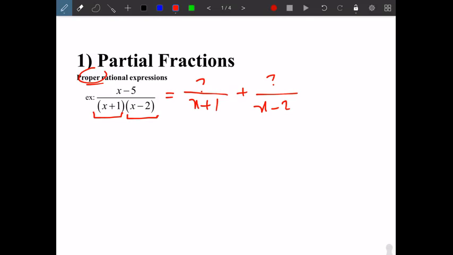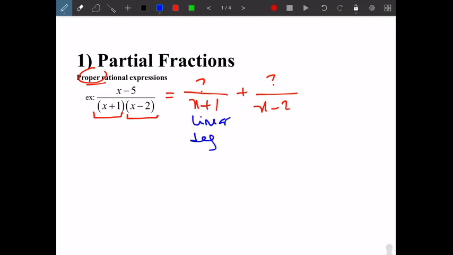So logically, since the original rational expression is proper, then the partial fractions that compose it have to be proper as well.